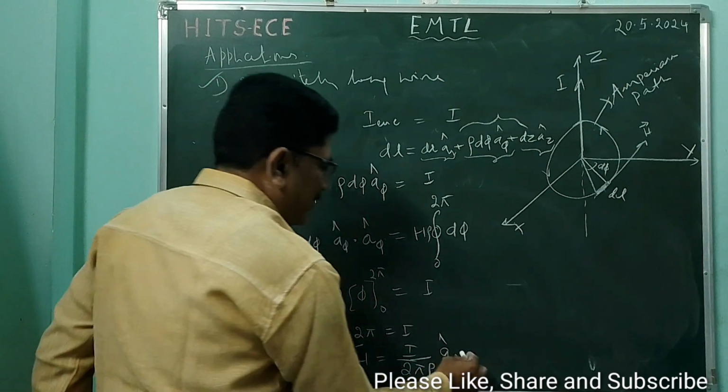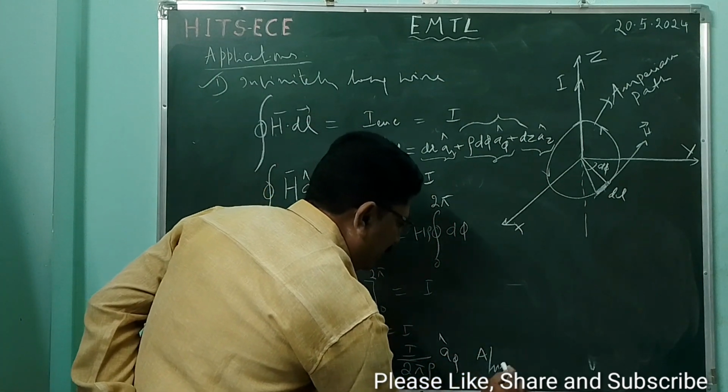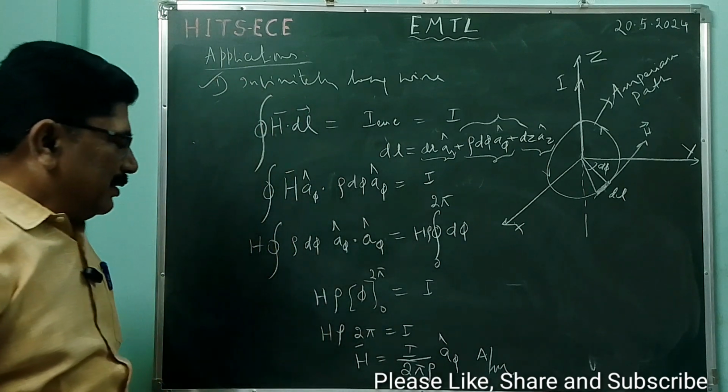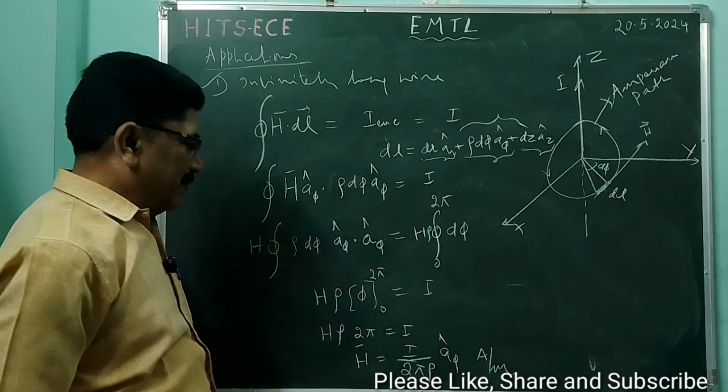What are the units of this H? Ampere per meter. Ampere per meter are the units of magnetic field intensity.